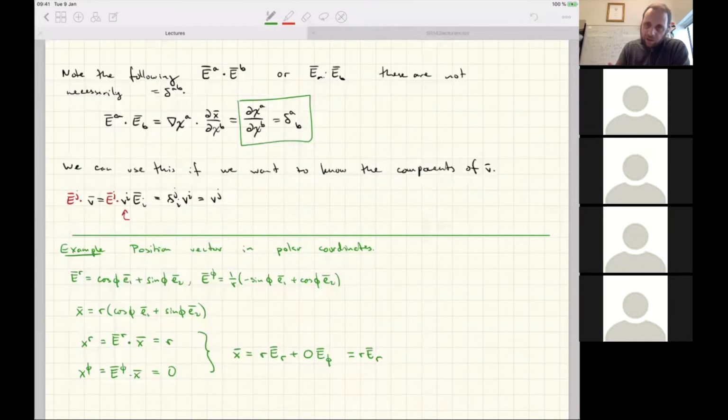And there I have one index up and one index down. If you take, for example, Cartesian coordinates, you know that you have this delta ij, and it doesn't matter which coordinate system you go to. But if you go to curvilinear coordinate systems, this will no longer be true.